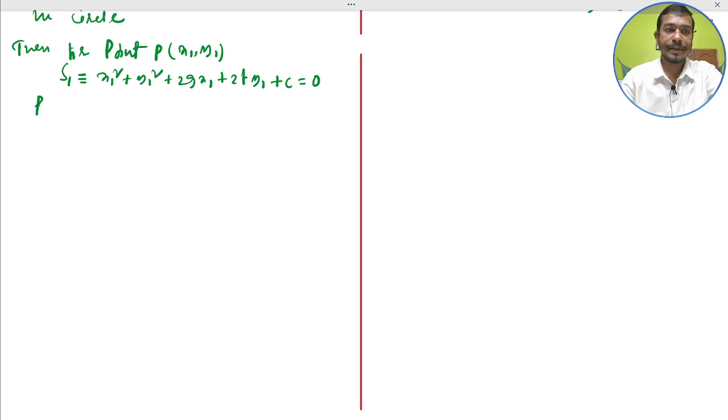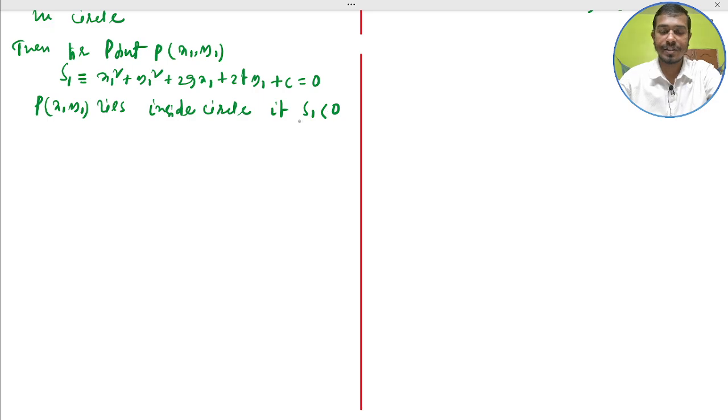So the point P (x1, y1) lies inside the circle if S1 is less than 0, on the circle if S1 is equal to 0, and outside the circle if S1 is greater than 0. These are the 3 conditions.